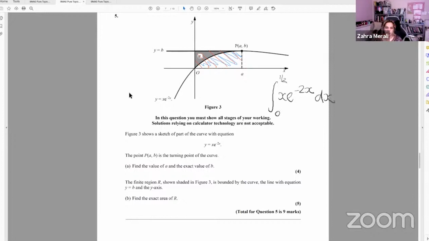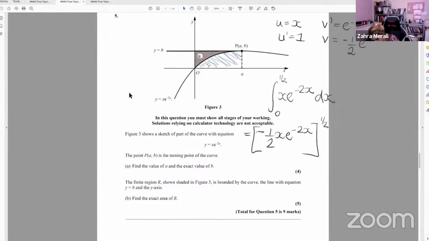And I'm going to use integration by parts. So my u will be x because it differentiates nicely to 1. My v dash is e to the minus 2x, which integrates to minus a half e to the minus 2x. And I'm going to do uv essentially. So I'm going to get minus a half x e to the minus 2x, and that's already sorted between a half and 0.